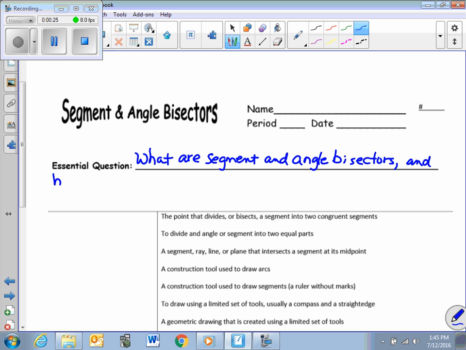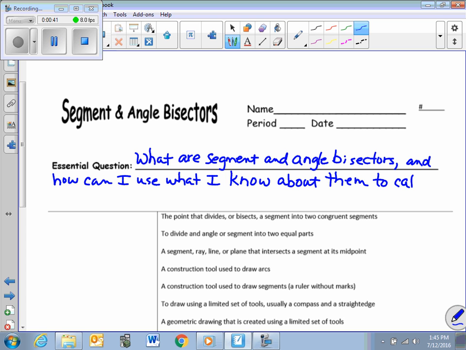And how can I use what I know about them to calculate segment lengths and angle measures?